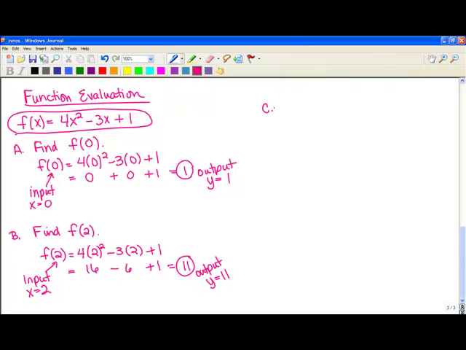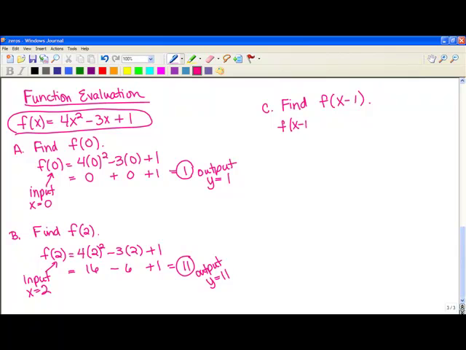Now for the next part, we need to find f of x minus 1. So just like before, we plugged in a number. Now we're going to plug in x minus 1.